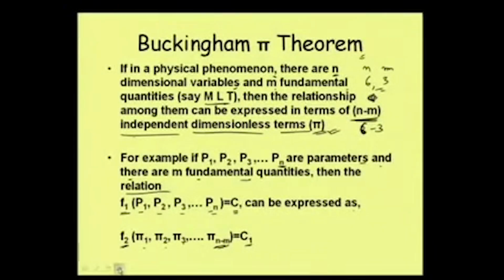Because if a particular dimensional term is there, it will definitely be dimensional. To have a non-dimensional term, we have to group them in a combination so that we get a non-dimensional term. So if we club two or three quantities having different dimensions, the entire quantity may form a non-dimensional term. Now how to form that?